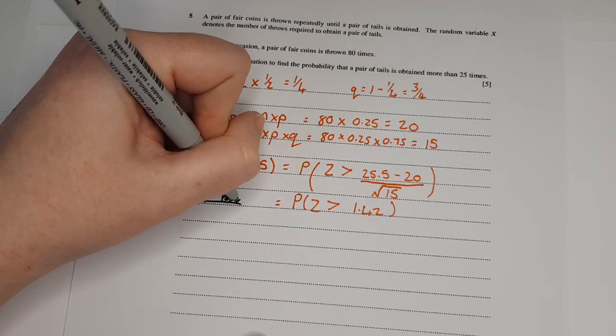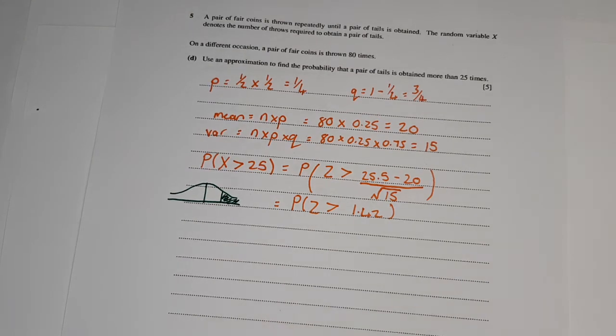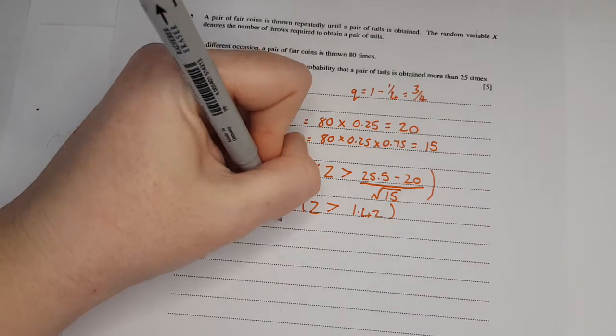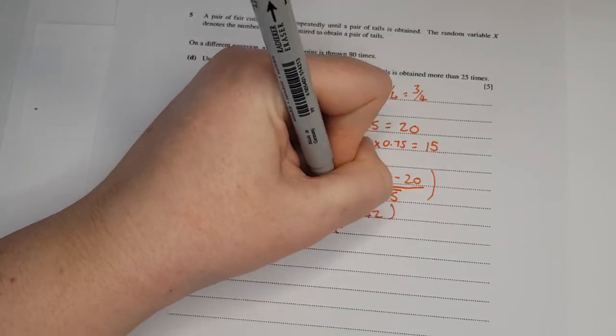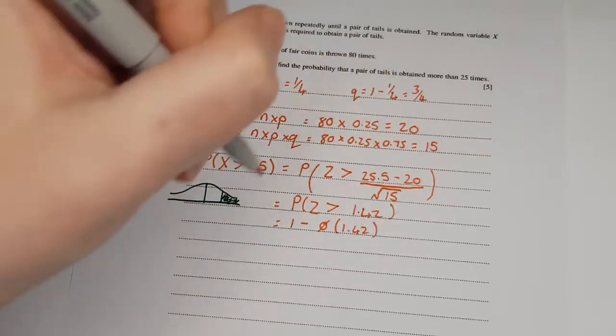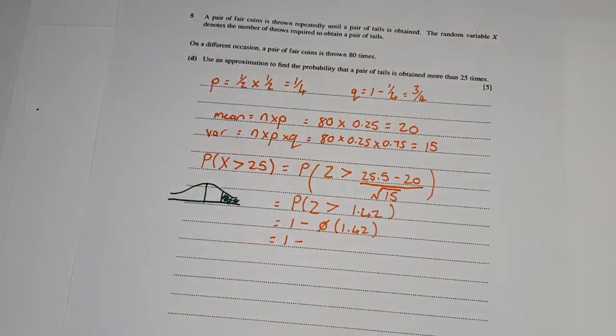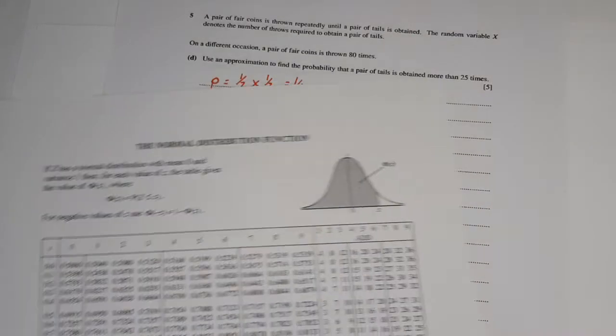So I want everything there. So that means, since I can only solve to the left, I would say 1 minus my phi value of 1.42. So I'm saying 1 minus, and now I look up 1.42 on the table.